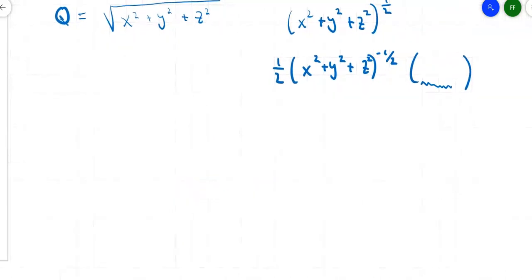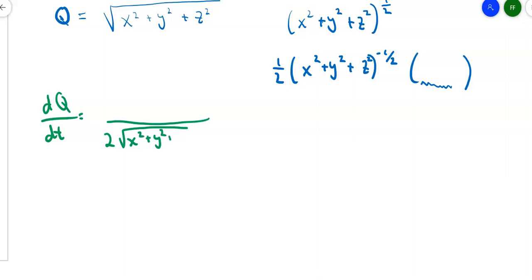The derivative of q with respect to t, that's our goal, dq dt, equals the partial of q with respect to x. So it'll be 1 over 2 square root of x squared plus y squared plus z squared, times the derivative of the inside with respect to x.